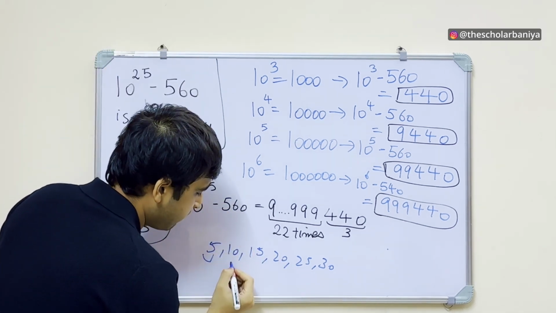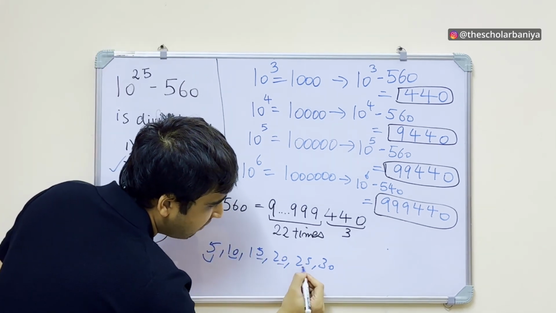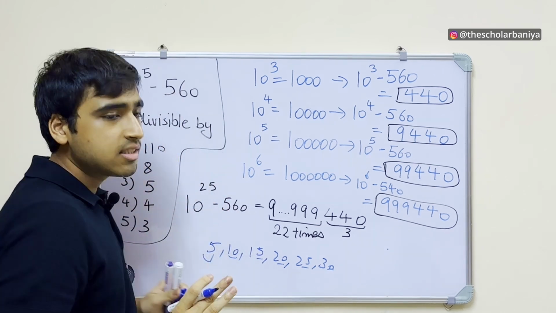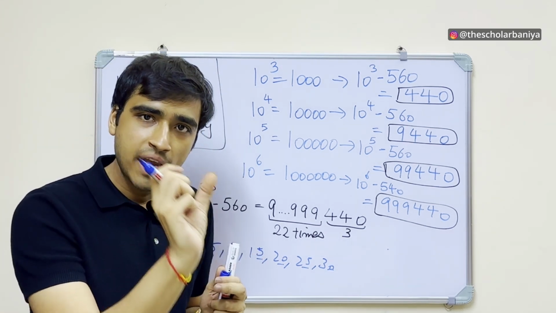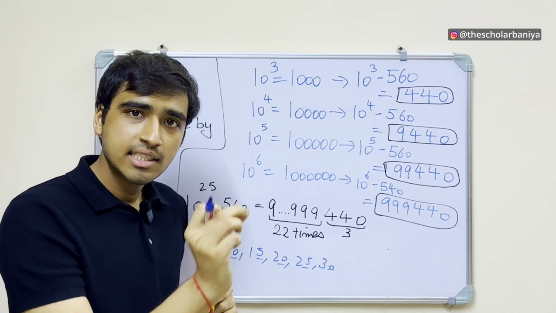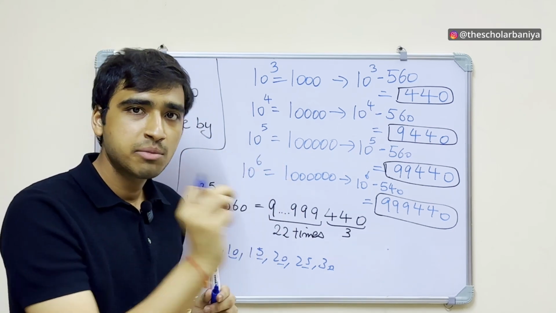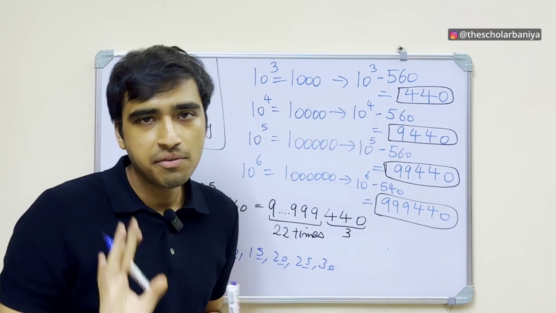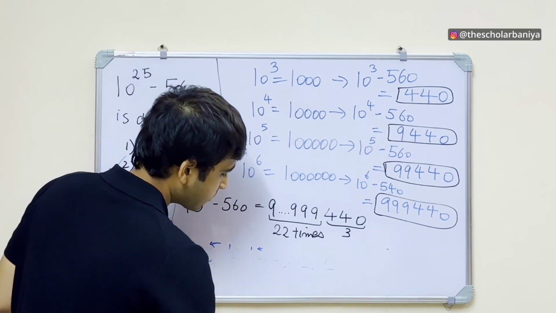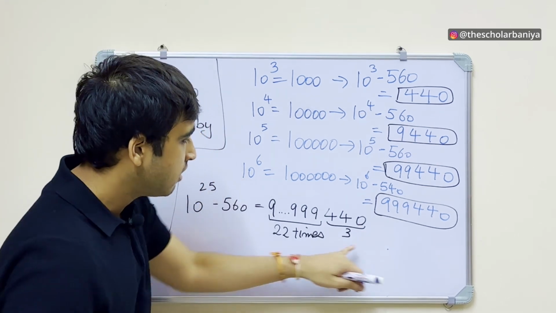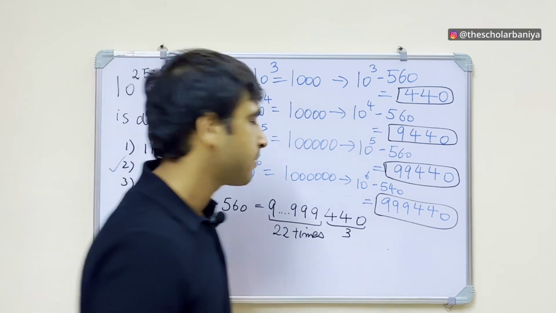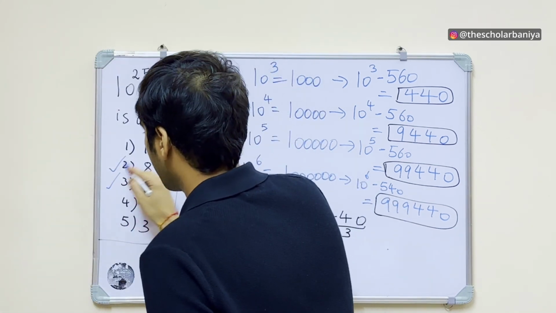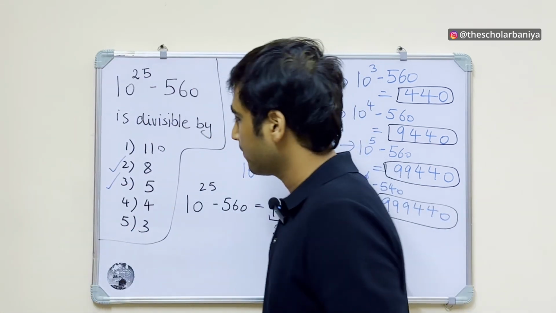So if you want to check whether any number is divisible by 5, you check the last digit. If it is 0 or 5, then the number will be divisible by 5, right? So obviously we know over here that the last digit is 0. So this will be divisible by 5. So this is also absolutely correct, right?